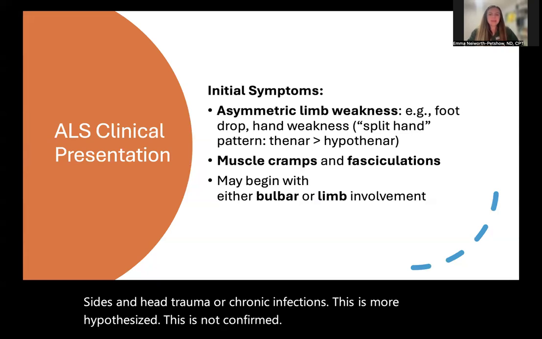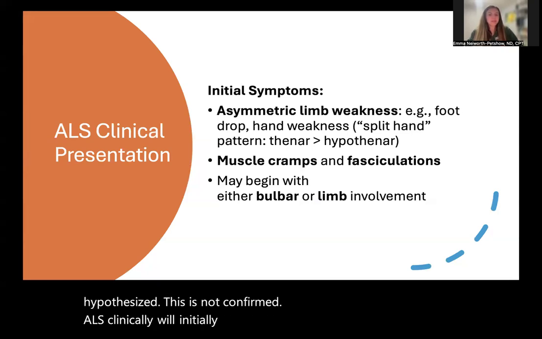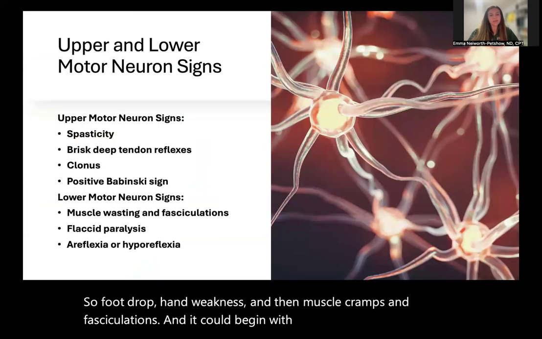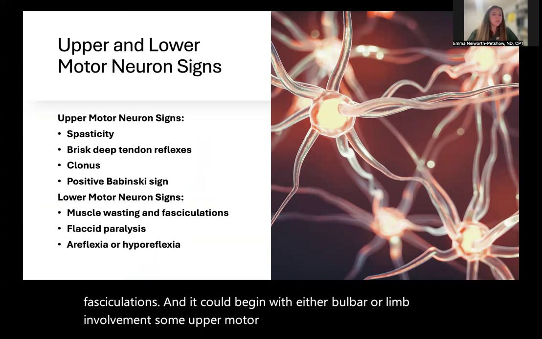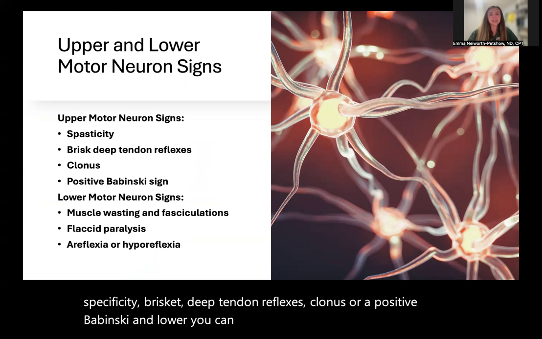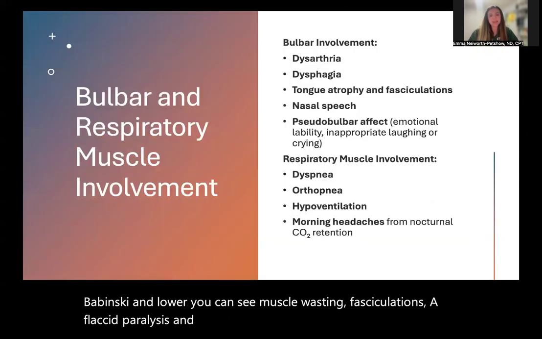ALS clinically will initially look like an asymmetric limb weakness, so foot drop, hand weakness, and then muscle cramps and fasciculations, and it could begin with either bulbar or limb involvement. Some upper motor neuron signs, like I mentioned, are spasticity, brisk deep tendon reflexes, clonus, or a positive Babinski. And lower, you can see muscle wasting, fasciculations, a flaccid paralysis, and areflexia or hyporeflexia.